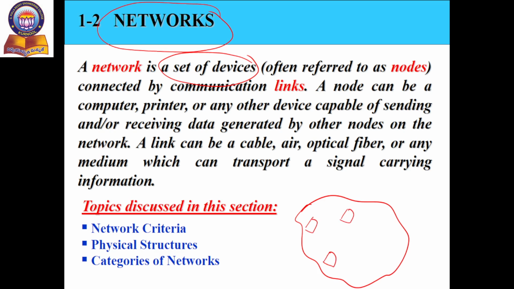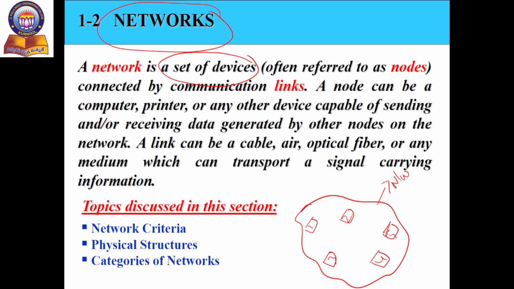I'm drawing a basic diagram for the network. This is 1, 2, 3, 4, and 5. In the network, I have 5 devices. So what the network says is that a network is a set of devices. These 5 devices are a set. So I say that this is one network.